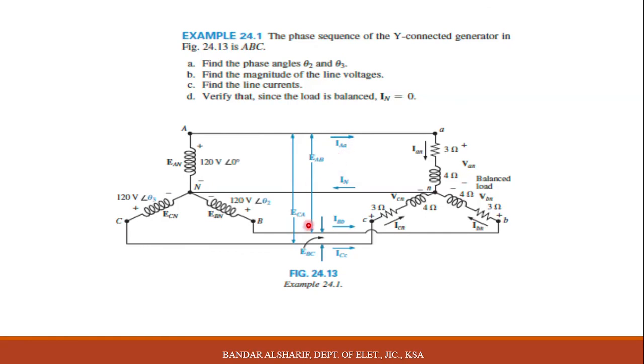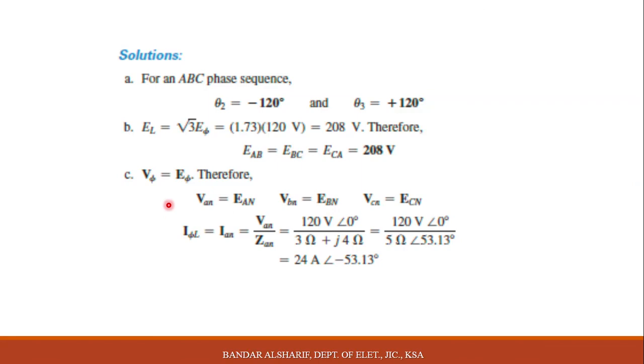How to find this? You will use this formula. Since we know that the phase voltage in the load equals the phase voltage in the source, then VAN equals EAN.